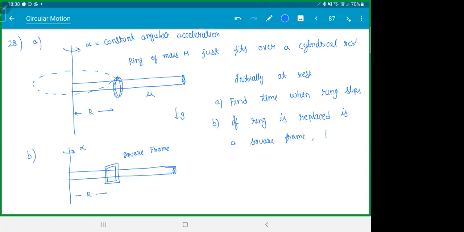Now find the time taken. Let's get these two. First get the ring, then we can do the square. How will the shape matter? That's what we need to see. Remember, this rod is cylindrical, meaning it's like a cylindrical cross section. Anyone confused with the question, please ask.